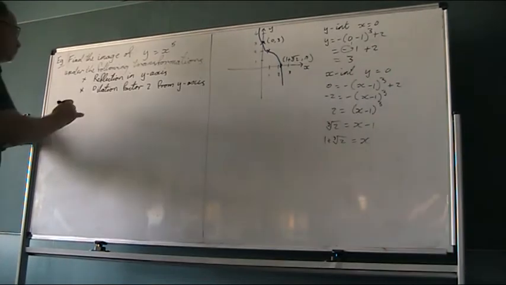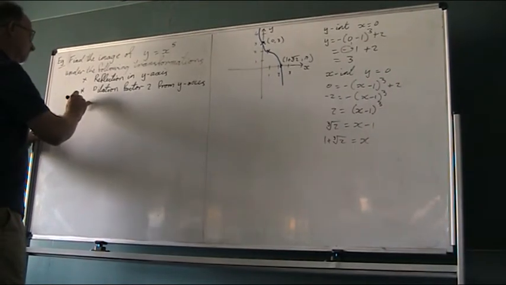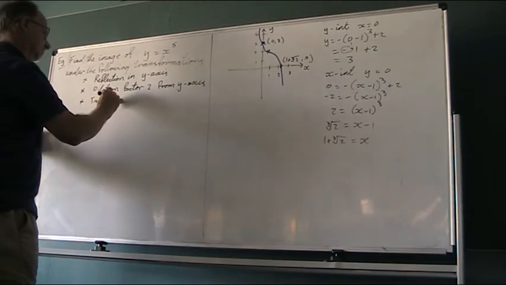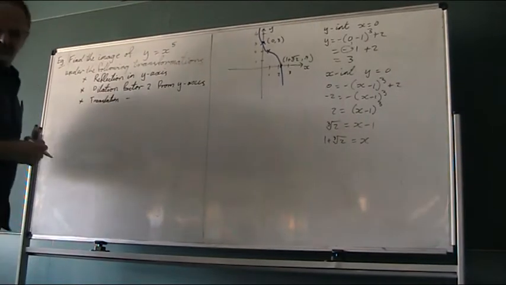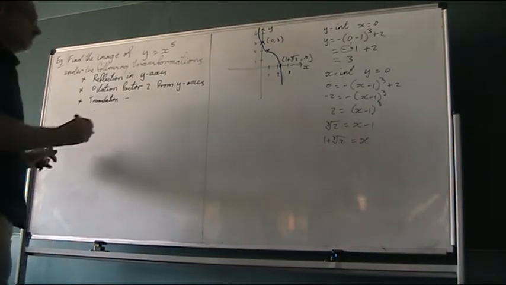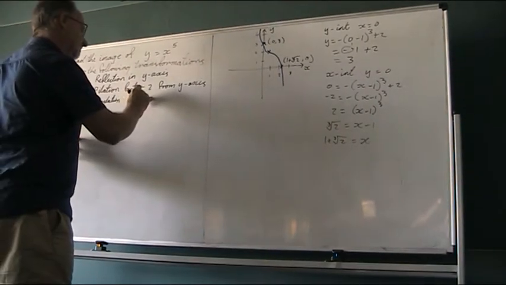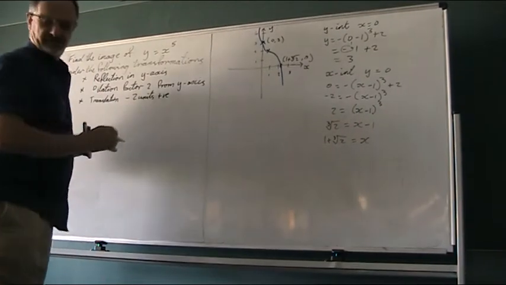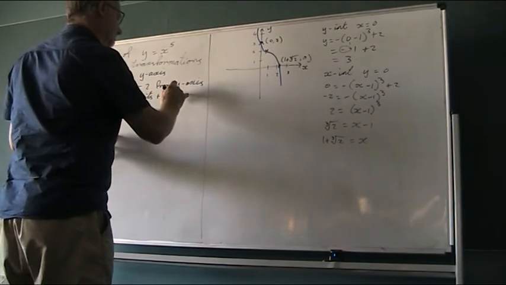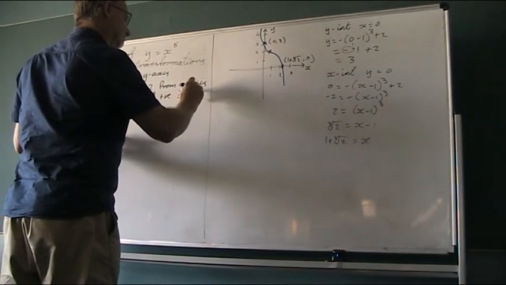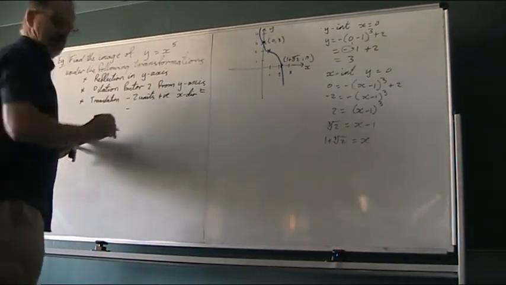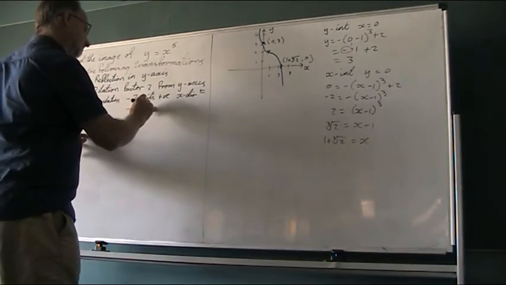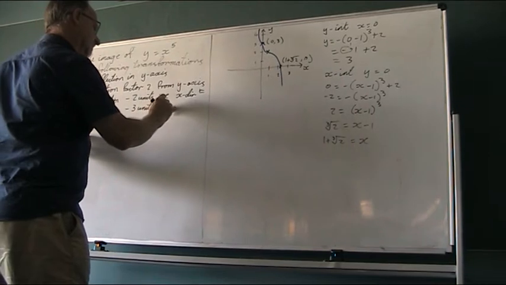And then we've got 2 translations: 2 units positive x, 3 units positive y.